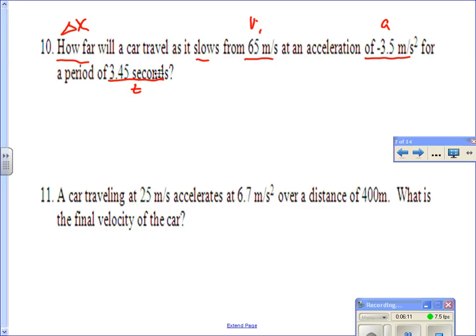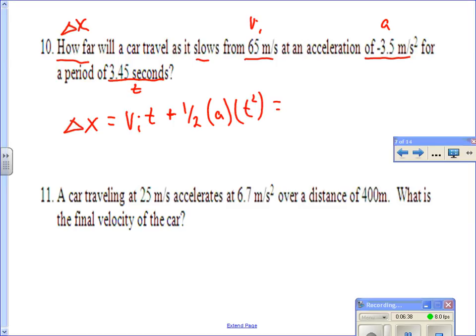So what we have to do is find a formula that has delta x, our initial velocity, acceleration and time. You look for those equations, see if you can find it. Pause the video and see if you can find it. So if you did that, you found VI times T plus 1/2 times A times T squared.